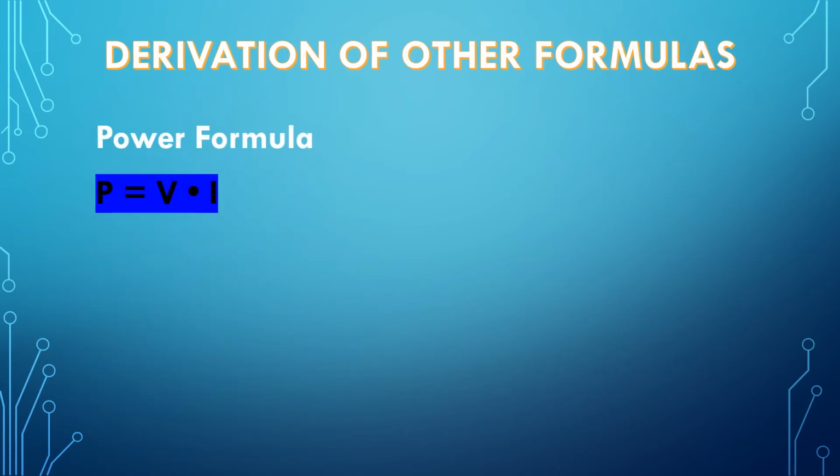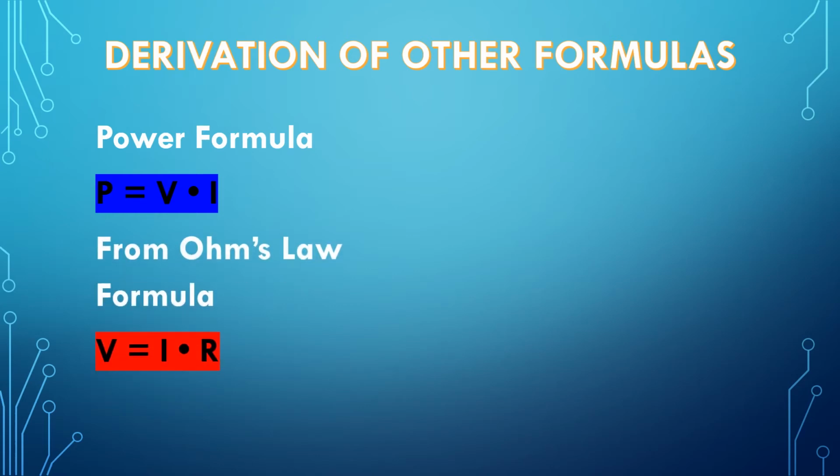Also, from the power formula, P is equal to V times I, and using another version of the Ohm's law formula, which is in terms of voltage, we substitute this voltage of the Ohm's law formula into the voltage of the power formula.